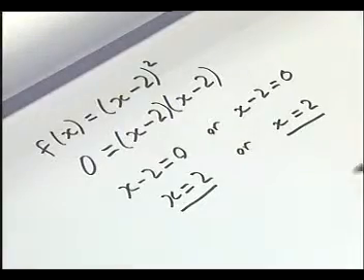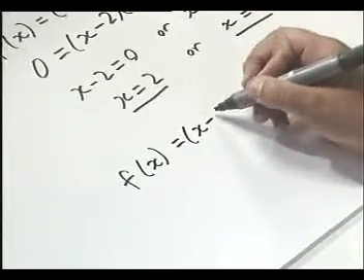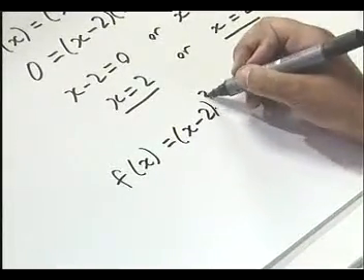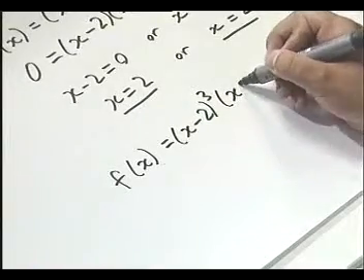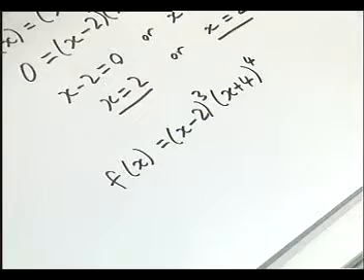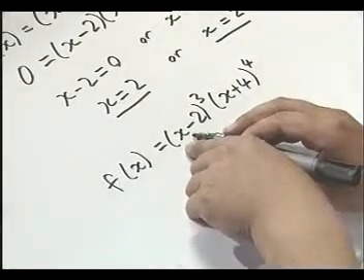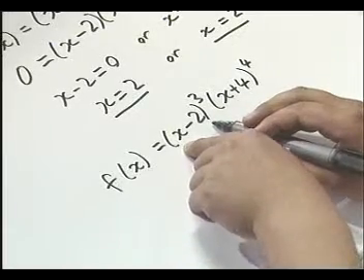Okay, another example. Let's suppose we have f of x equals x minus 2 cubed multiplied by x plus 4 to the power 4. Now, as before, we want to find out what the value of x has to be to make f of x equal to 0. And we can see that if we put x equals 2 in here, we will actually get a 0 in this bracket.